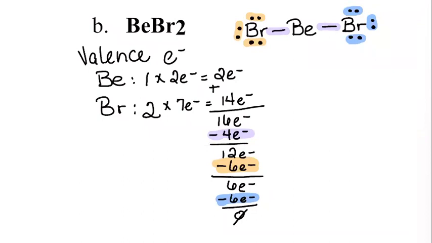Taking that into consideration and looking at those exceptions, hydrogen only wants a line because hydrogen only needs 2 electrons. Beryllium, as you can see, only needs 2 lines, aka 4 electrons. Boron only likes 6 electrons, so 3 lines. Every single one of the other atoms that you encounter needs 8 electrons.